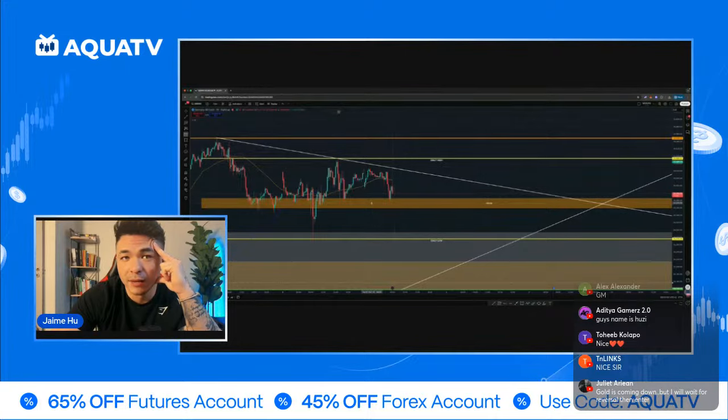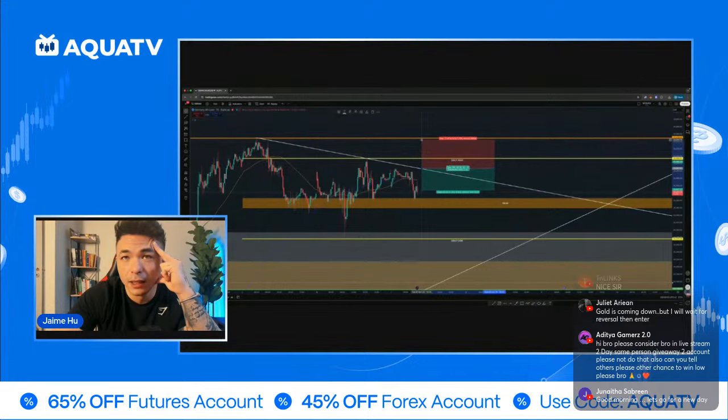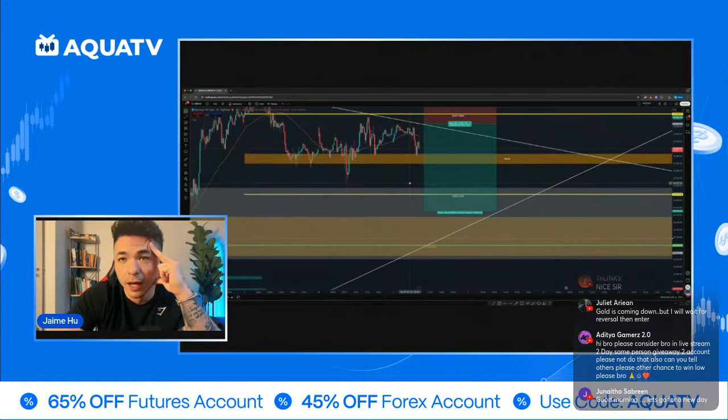If price can potentially break this golden zone over here, then we can maybe look for trades. Ideally, I wanted to get price slightly at this point, but let's just see what we can get. And it's quite a big trade today, guys. It's quite a massive trade.